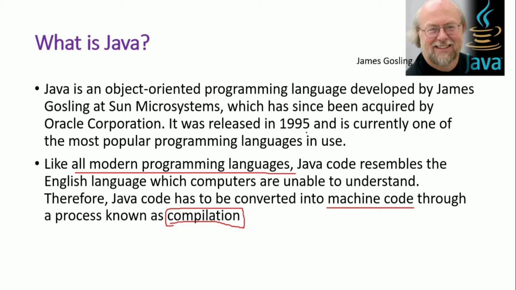But unfortunately, computers are unable to understand the code that you wrote. So there is a process known as the compilation process. With the help of the compiler, we convert the source code into machine code. So what is source code? What is machine code? We'll discuss it in the next slide.